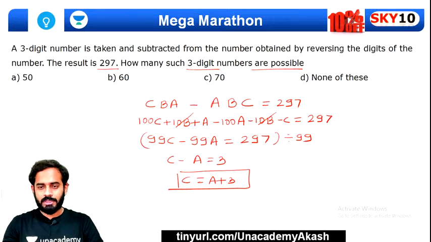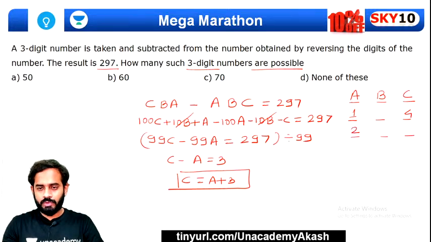Now from here we got one thing. If ABC is our number, whatever value you keep in the place of A, C will be plus 3. So if you write 1 here, the value of C should be 4.